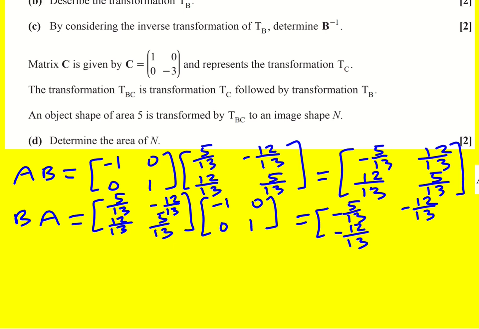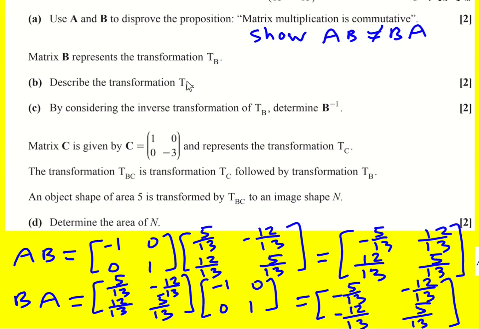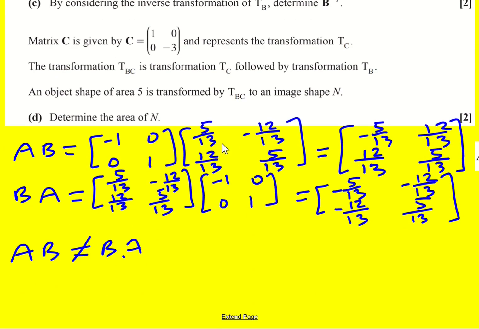Okay, I'm not going into lots of detail on how I'm doing this. I'm just doing your standard 2 by 2 matrix multiplication. AB not equal to BA, proposition disproved. Let's make it really clear that we have done it.